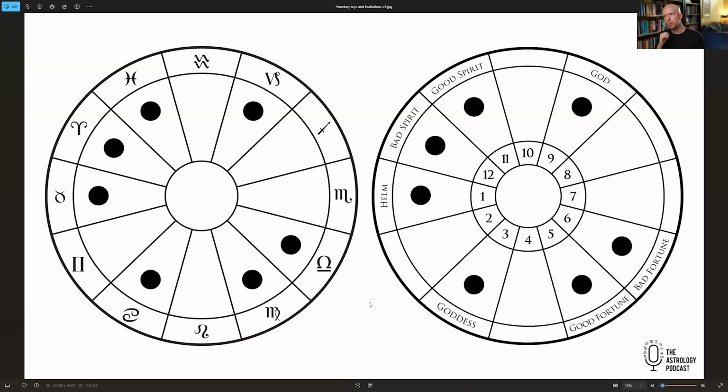And one of the things I've been thinking about as I've been putting all of this together the past few years, one of the important turning points was realizing that the exaltations came first in the astrological tradition. Because this is something in my book I was a little unclear about, because there's an unclear application of the exaltations in the Mesopotamian, the Babylonian horoscopes.